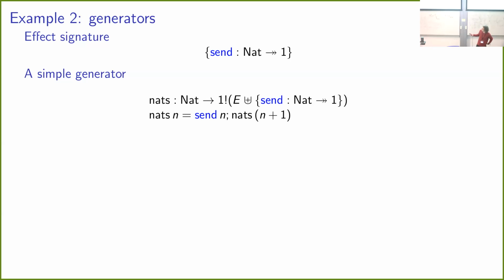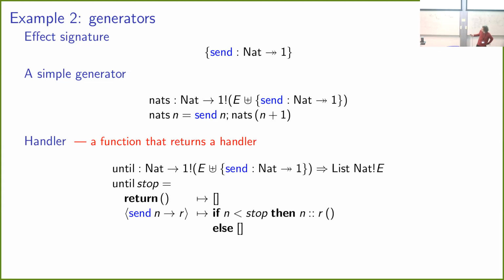So what's the idea? We could have an operation send. It's going to send a natural number, and then we'll later say what that means. This thing we're defining here is a very simple generator that's just going to send a sequence of increasing natural numbers.